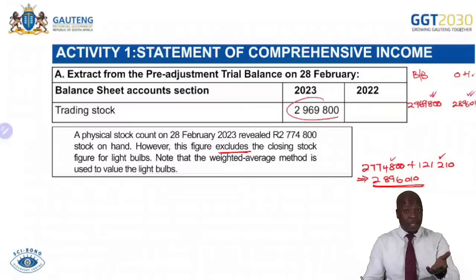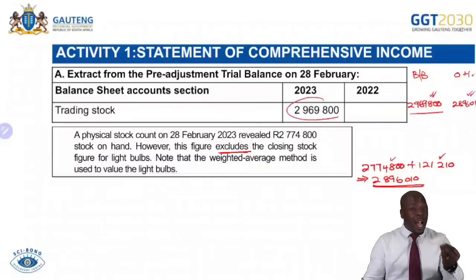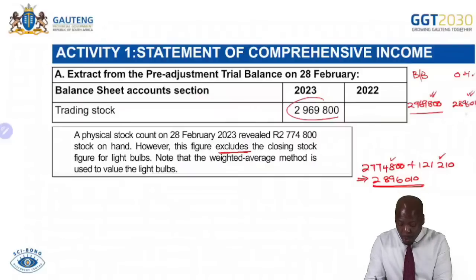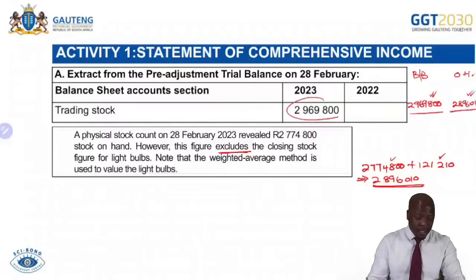I'm going to ask you this. What do you think it's going to be when the stock that we believe we must be having is 2,969,000? This is what the business books are saying we must have. But when we go and count the stock, we realize we don't have that. We actually have 2,896,000.